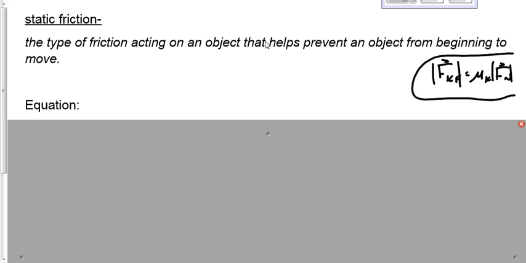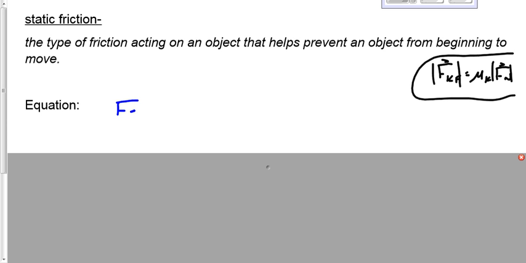When we're dealing with static friction, the equation is going to look like this. Where's the important difference? I see subtle differences: F_s versus F_k, mu_s versus mu_k. There's not very much of a difference there at all, is there?